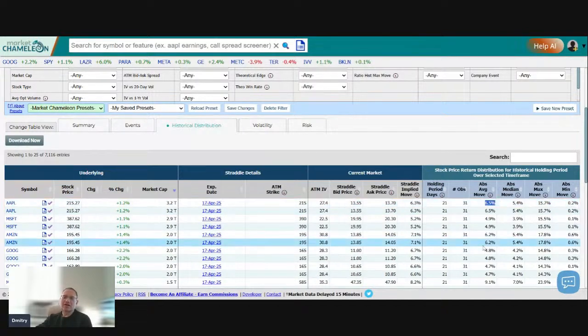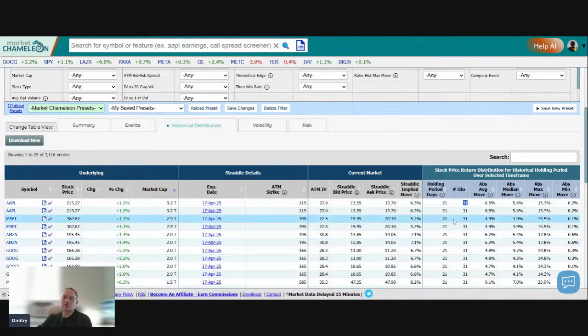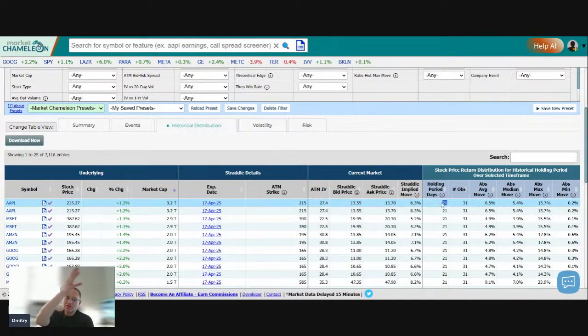We can see that historically, on average, it moved a little bit higher, 6.5%. And this is based on 31 historical observations. So you're going back 21 days, then another 21 days, then another, and looking at the returns, right? This is a return distribution over 21 days.